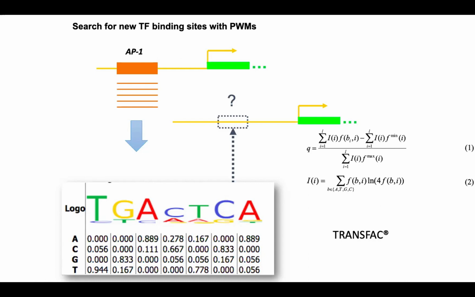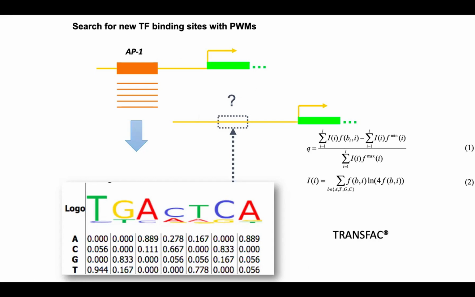The preferred method depends on your wish, and we recommend this method, which is using this information content value. So once the score in the binding site position is higher than a given threshold, then we call this site.